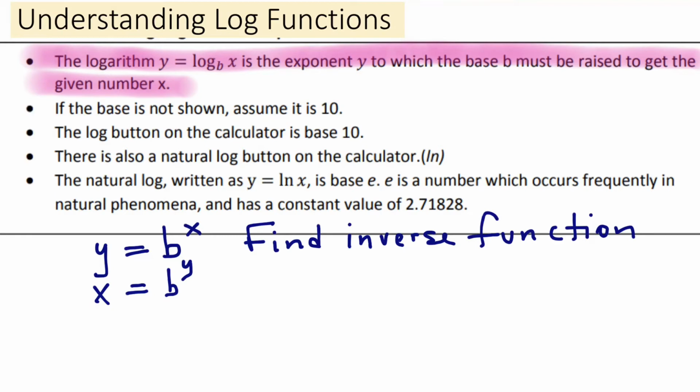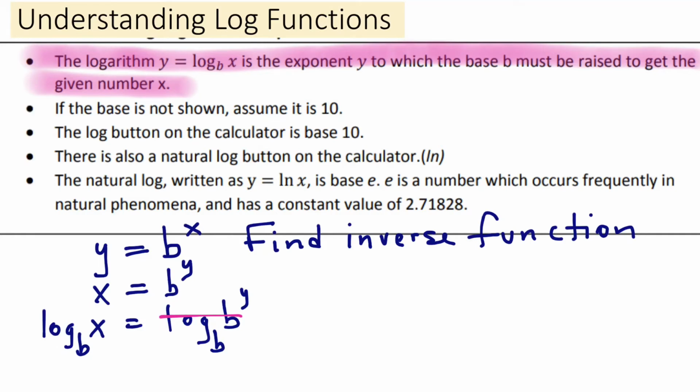I need an inverse operation. That inverse operation is taking log to the base b. So I'm going to do log to the base b of both sides to undo that. Log to the base b of x is equal to log to the base b of b to the y.